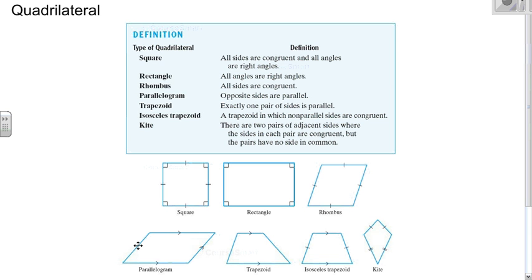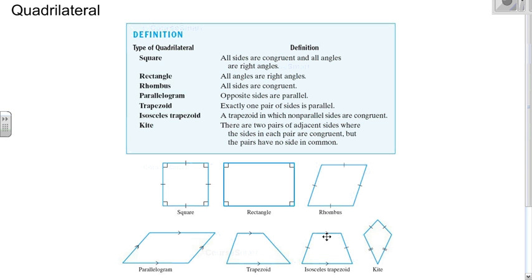Parallelograms just have parallel sides. The top and bottom are parallel, as well as the left and the right. You can mark that 2 lines are parallel by putting little arrowheads in the middle. And if you put multiple, you match the number of arrowheads, and that shows which ones are parallel to which. A trapezoid only has the top and bottom parallel, or left and right if it was flipped.